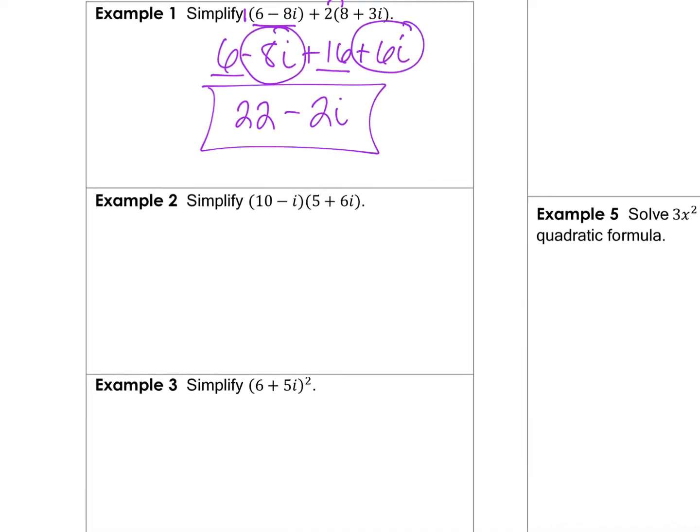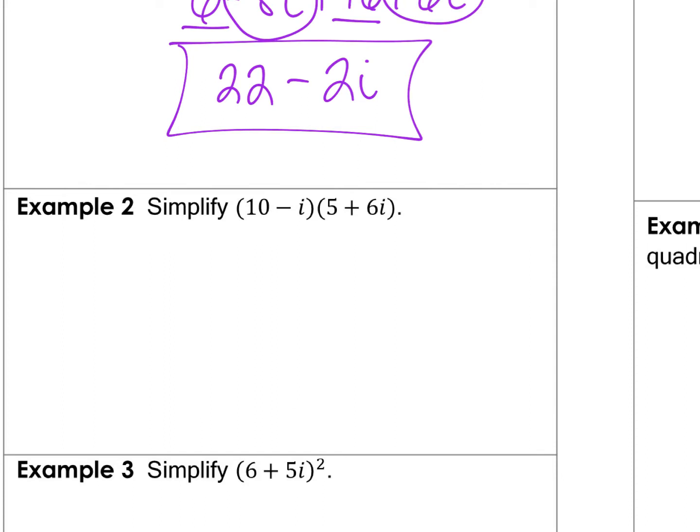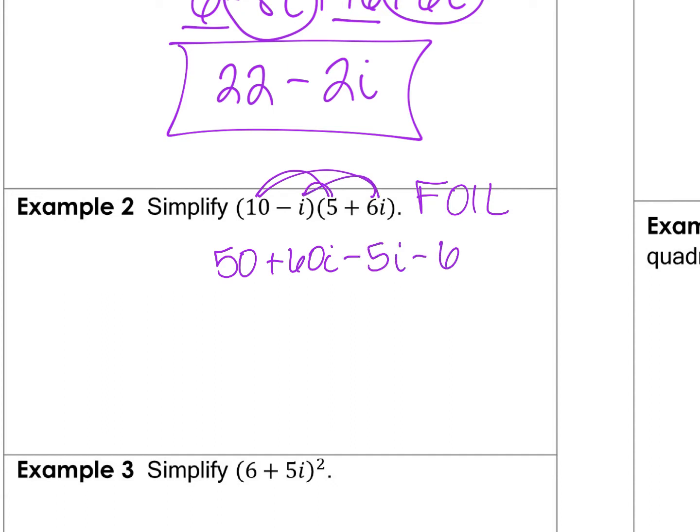Okay, so example 2, notice we have a binomial times a binomial, so we need to use FOIL. So we'll multiply, that's 50 plus 60i minus 5i minus 6i squared. So we're going to combine like terms, and also remember we said at the beginning i squared equals negative 1, so that's really negative 6 times a negative 1, which will make that plus 6.